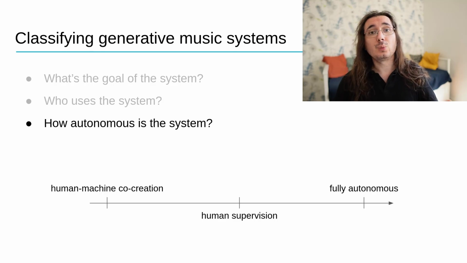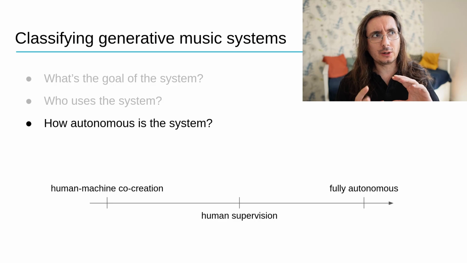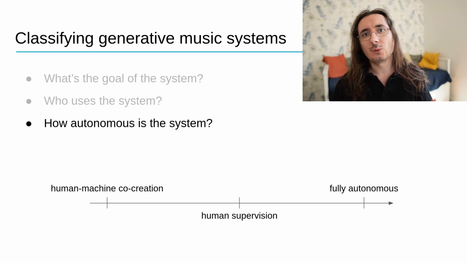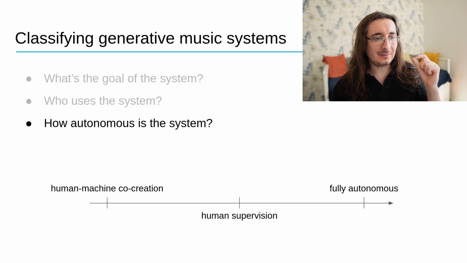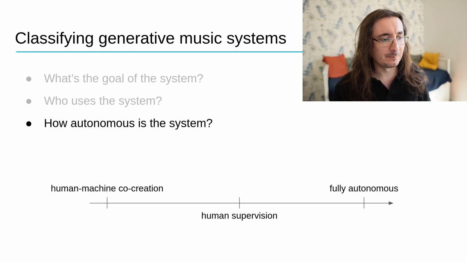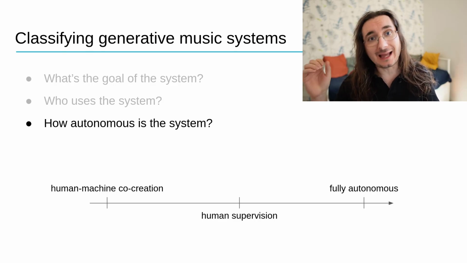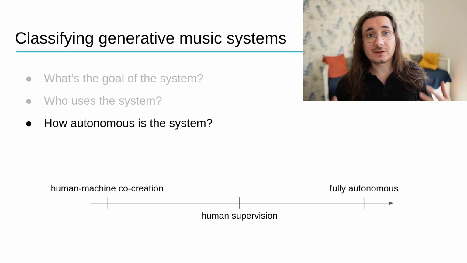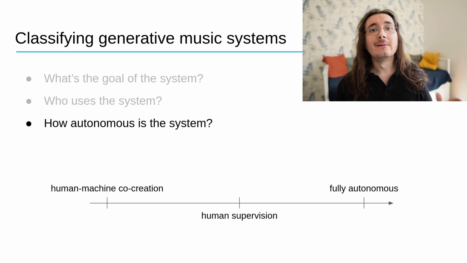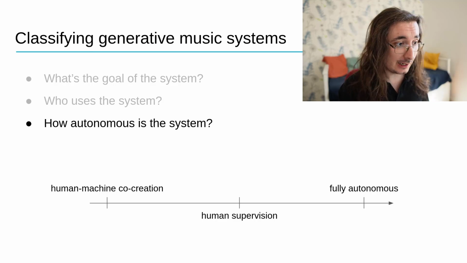At some point, we are going to have humans who are going to be mainly supervisors, where they're perhaps going to just revise the music generated by a generative music system, or they can have a minimal amount of input. Towards the extreme right-hand side of this spectrum, we have generative music systems that are fully autonomous. These systems generate music by themselves with almost zero input from a human user.